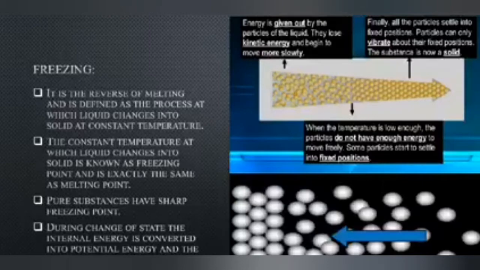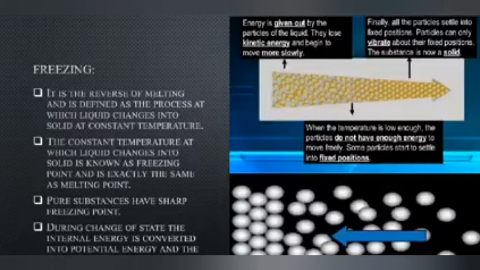Then at a particular temperature, and which temperature will it be? At the freezing point, what will happen? The particles have so little energy that they cannot move further. When they cannot move further, they'll start arranging themselves in a fixed pattern, and when they do not move, there will be no decrease in the kinetic energy.